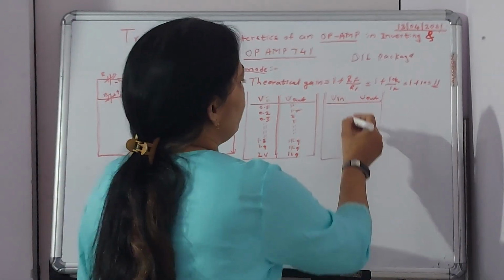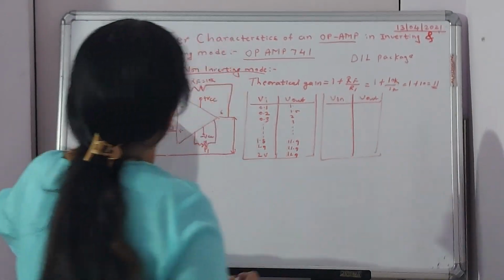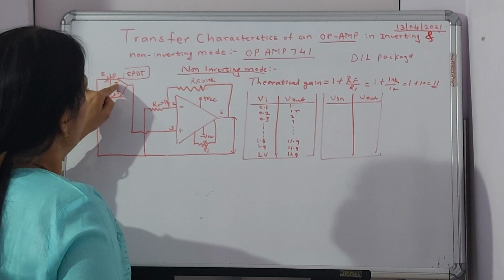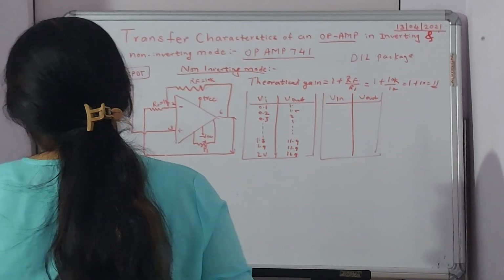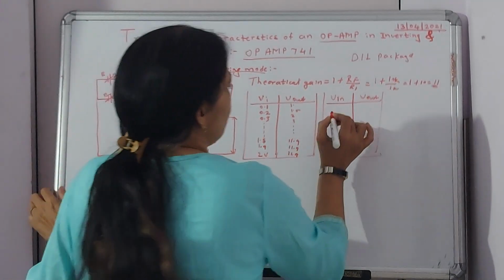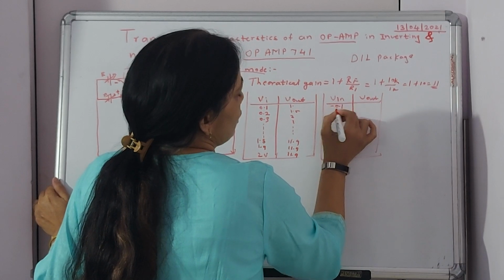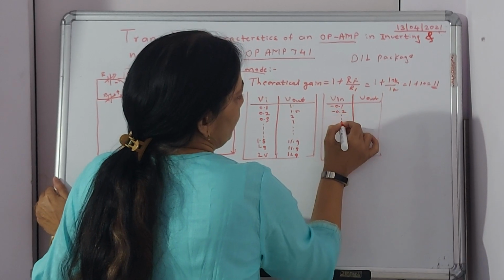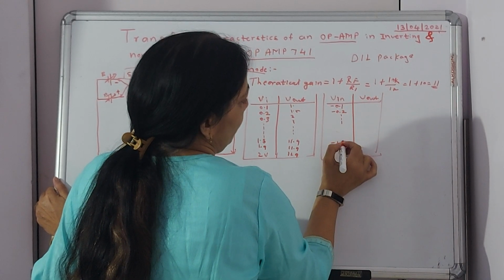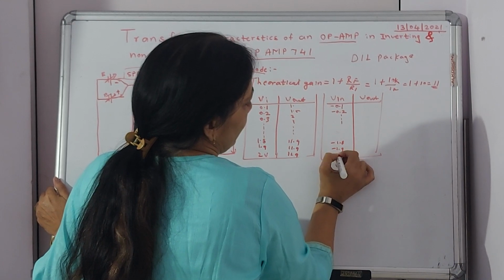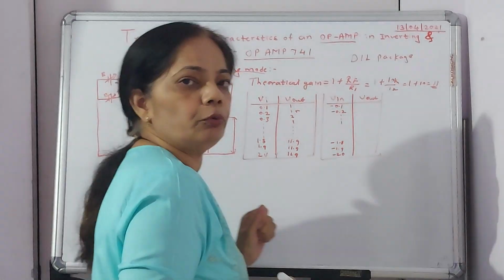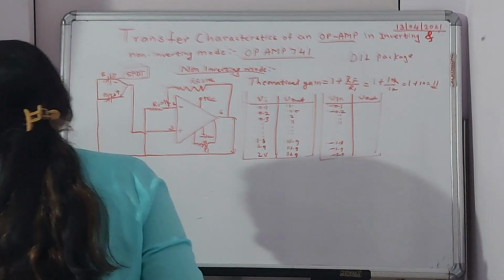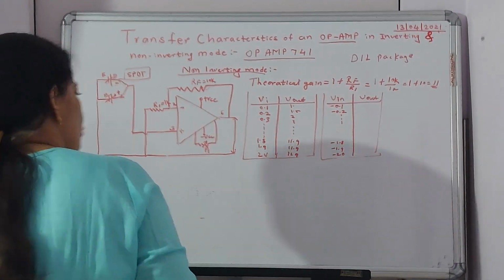In the second part, what will I do? I will change this SPDT switch towards the negative. So in this case, definitely my V in has to be negative. So here I say minus 0.1, minus 0.2, minus 1.8, minus 1.9 and minus 2.0. So in this case, my output expected is also minus.